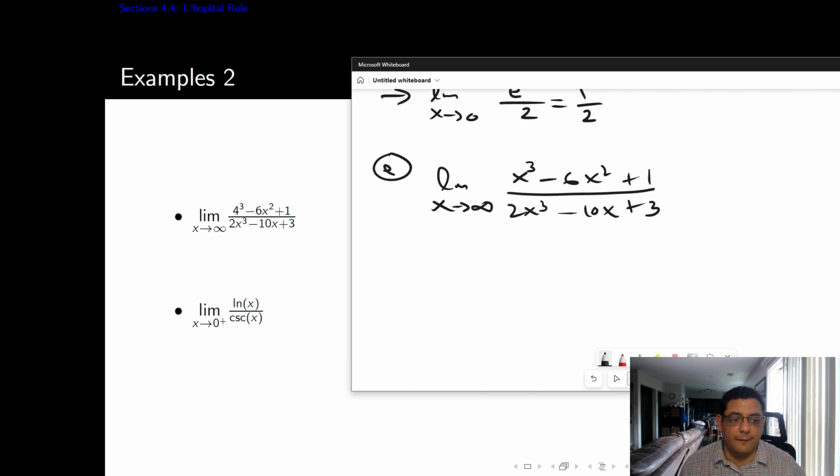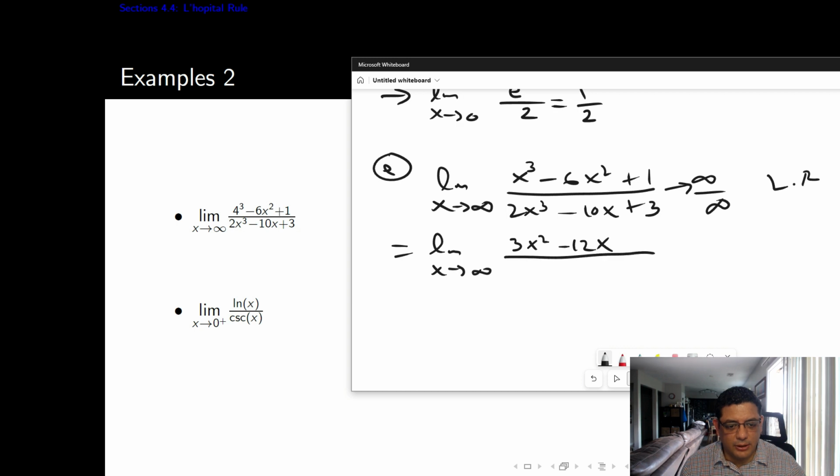Notice that if I plug in infinity, this is of course infinity over infinity. And so by L'Hopital's rule, this is equal to the limit when x goes to infinity of 3x squared minus 12x over 6x squared minus 10. And at this point, this is still infinity over infinity. So we can do L'Hopital's rule again.